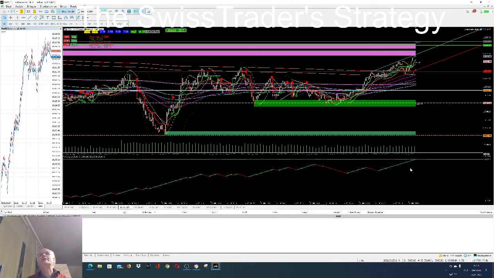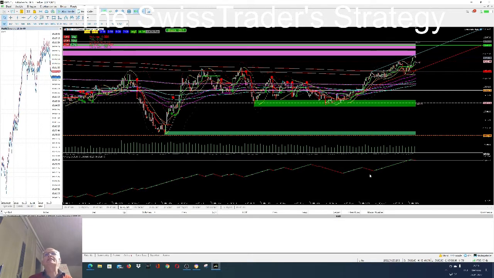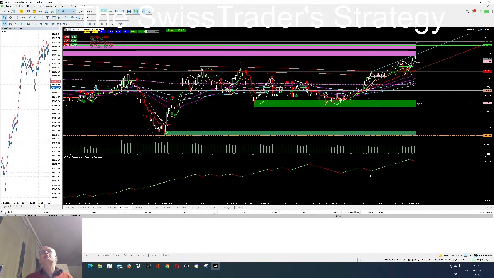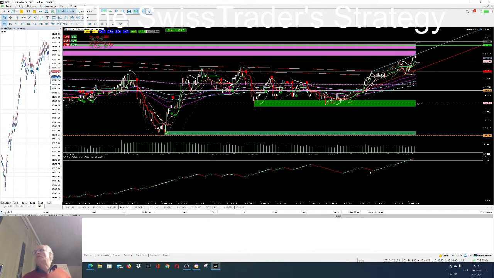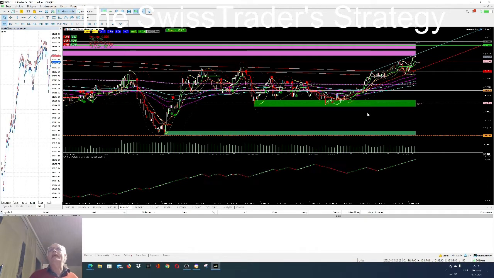The Renko Chart is a time-independent indicator which shows support and resistances, and as it is time-independent, one box represents 100 pips or one point. Here it's DAX, the German DAX.